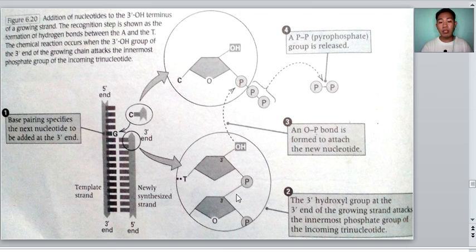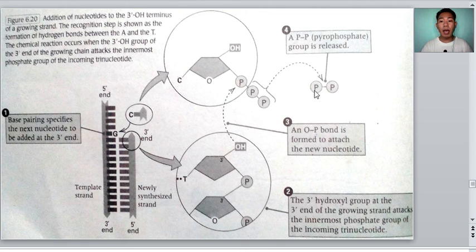The 3' hydroxyl group at the end of the growing strand attacks the innermost phosphate of the incoming nucleotide, and the O-P bond is formed because hydrogen is released, forming a new nucleotide.